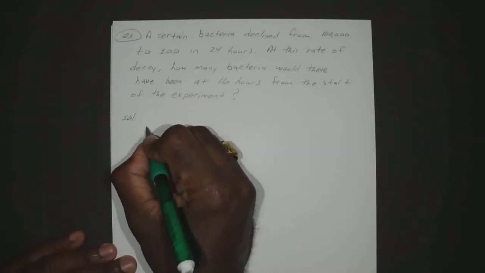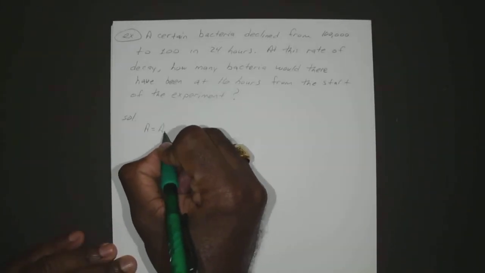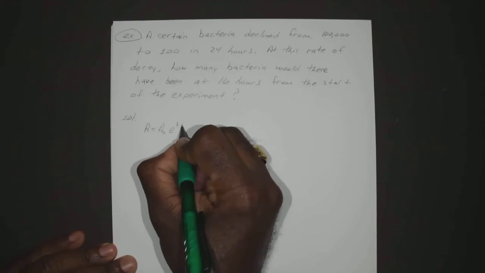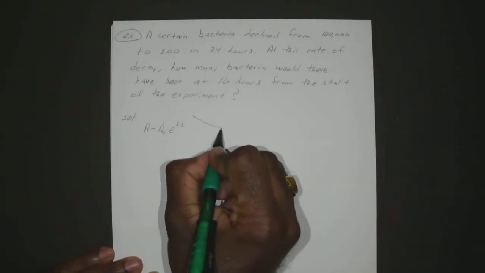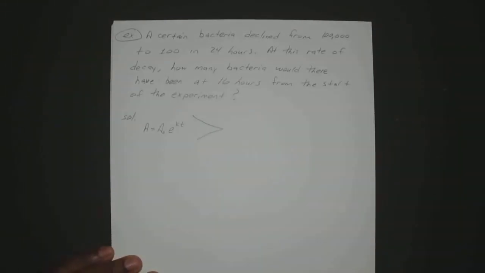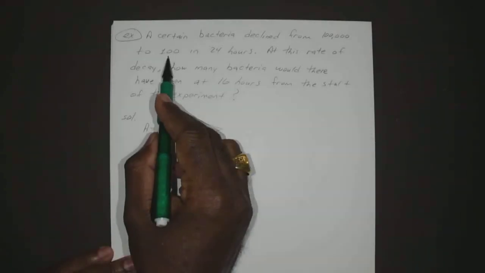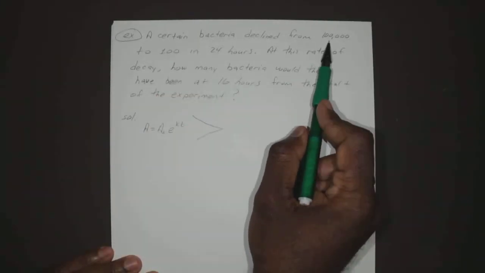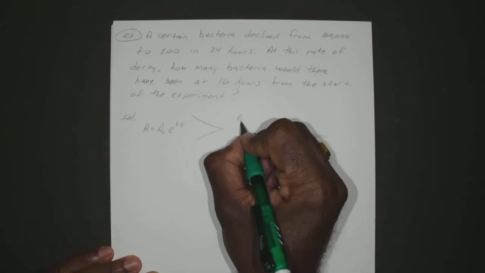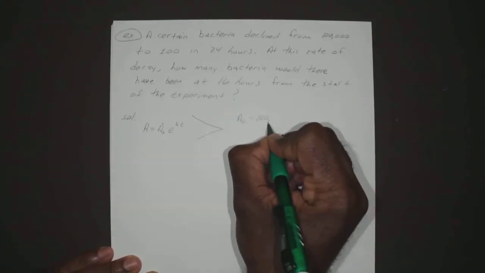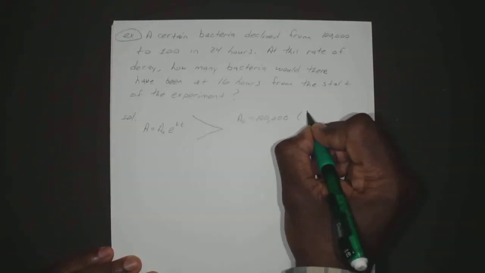All right, so we're looking at either growth or decay. So we know we're going to use A is equal to A sub 0 e to the kt. The first thing you have to do is identify which is which. So we know our amount is 100 because remember it started at 100,000. So A sub 0 is 100,000, which is our starting amount.